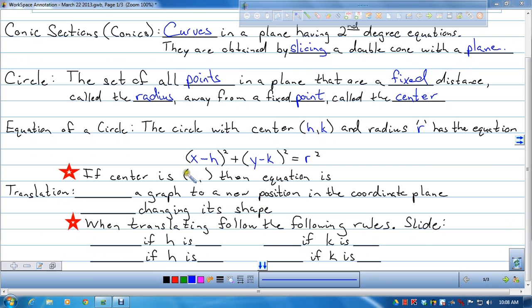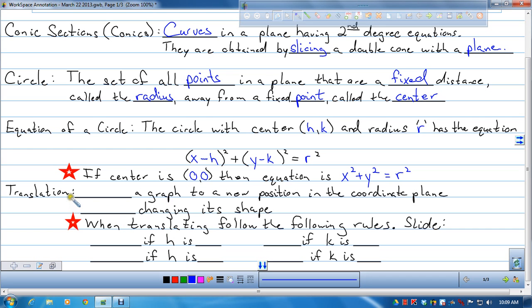Okay? Now, if that center of the circle happens to be at the origin, at (0, 0), then the equation would simply be, if we subtract 0, we subtract 0, it would simply be x squared plus y squared equals r squared. Okay?